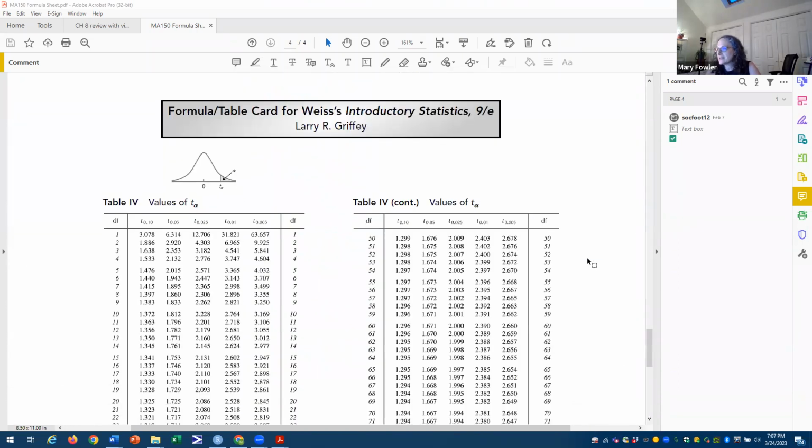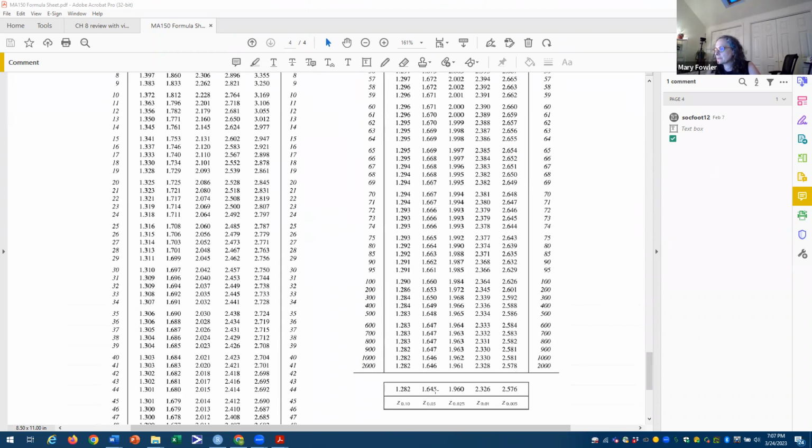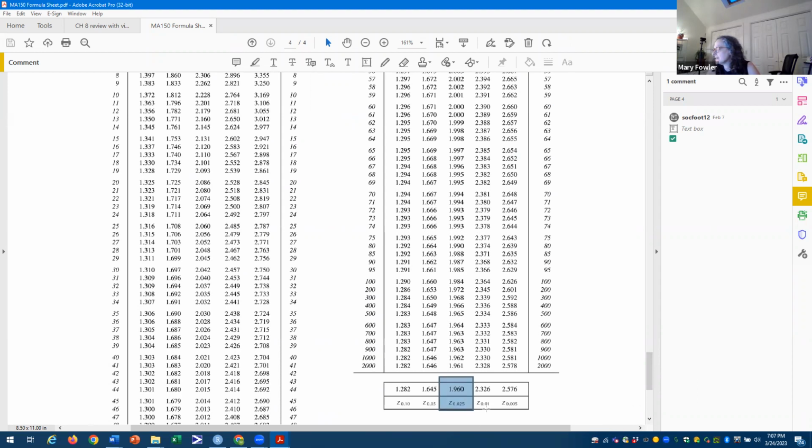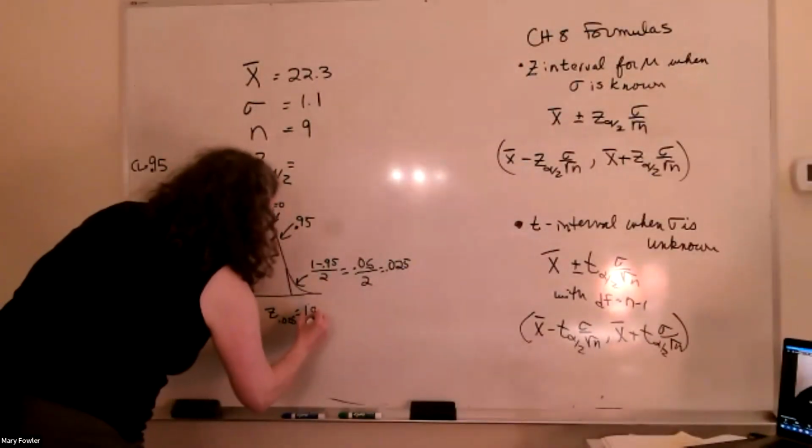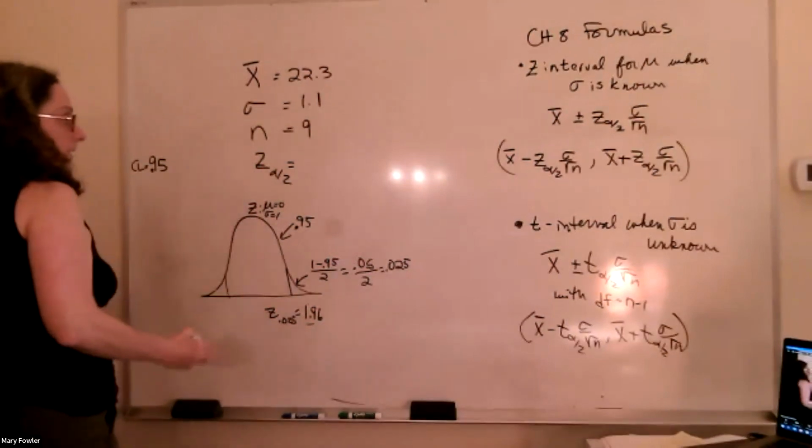This is the T table, and we like this little box here because we're looking for Z sub 0.025, and we can see it's right there at 1.960. Okay, so I'm going to go back to the whiteboard and let's work on that calculation. So we have Z sub alpha over 2 is equal to 1.96.